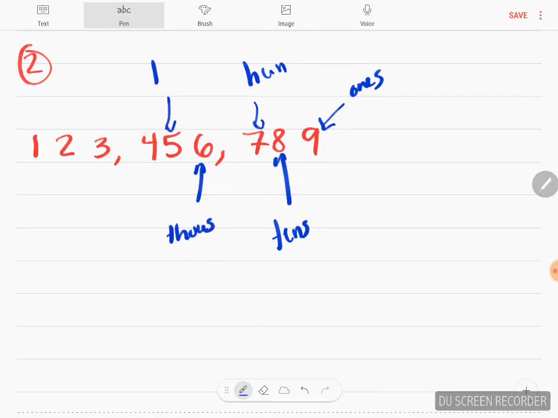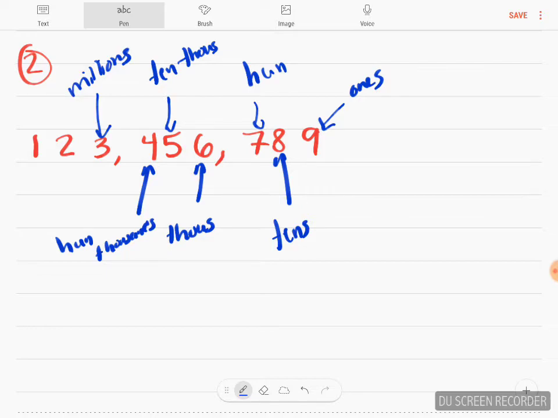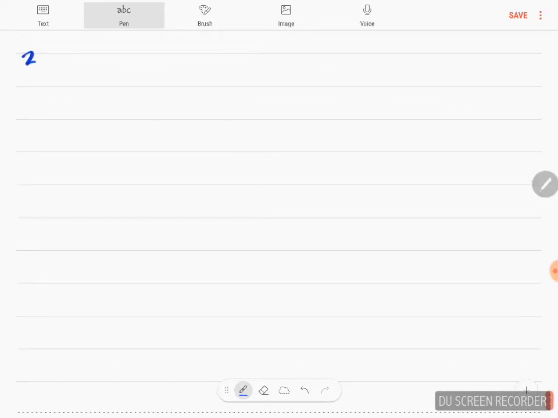We got the 10,000s. And then we have the 100,000s. After that comes the millions. All right. So it's asked us which digit is in the millions. It is 3. Question 3.